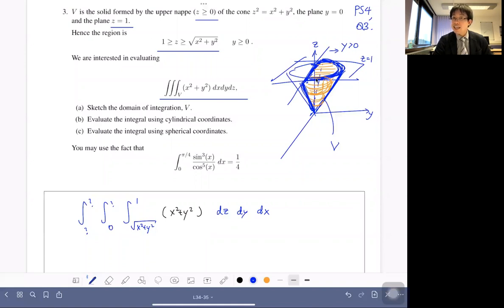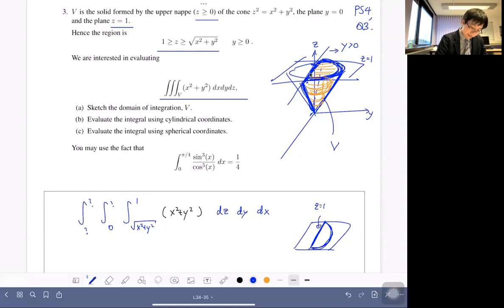Let's look at, again, cross sections. From here, it looks like if Z equals a constant, let's say Z equals 1. So let's think about it, right? If Z equals 1, then on the plane of Z equals 1, we want Y to start from here and end here.